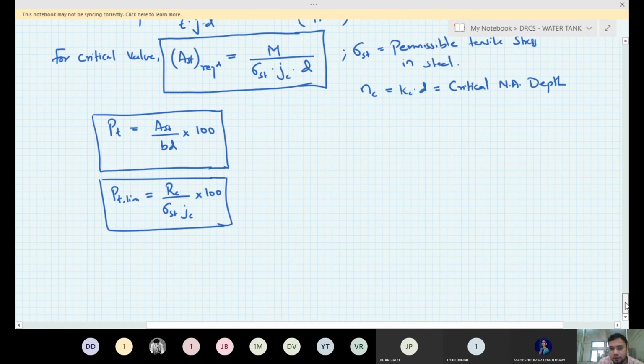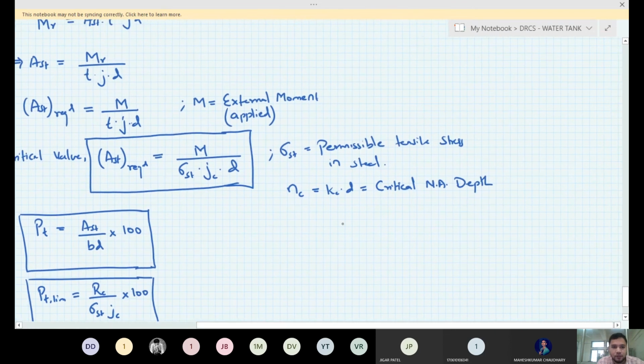Now in limit state philosophy, AST required is how much?